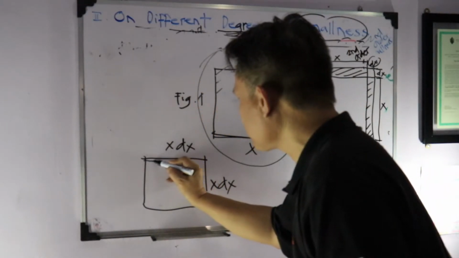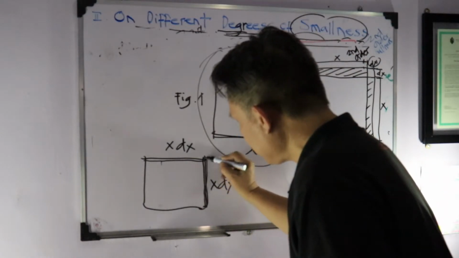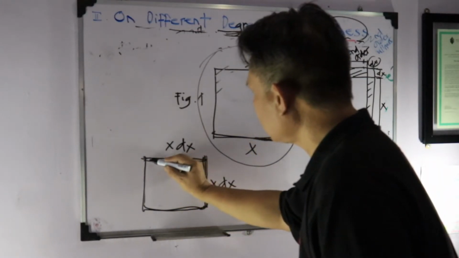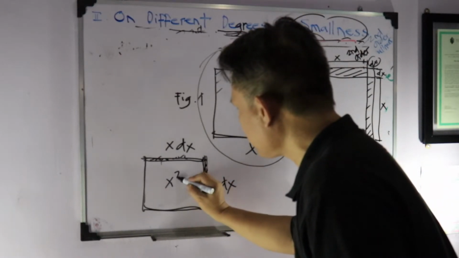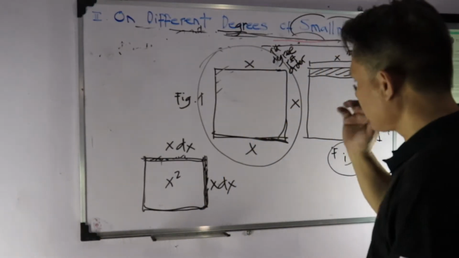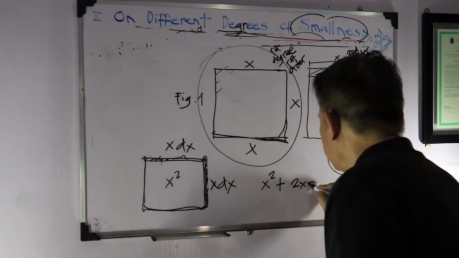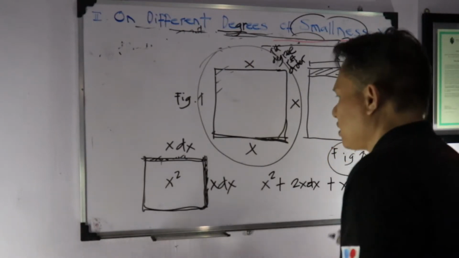I have a small portion just like the thickness of an ink line. This would be an x squared. That brings us to the equation of 2x dx plus x squared here.